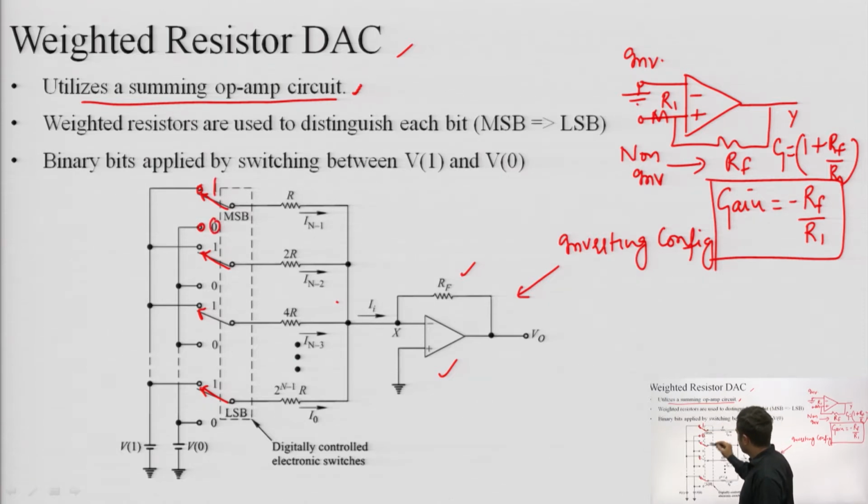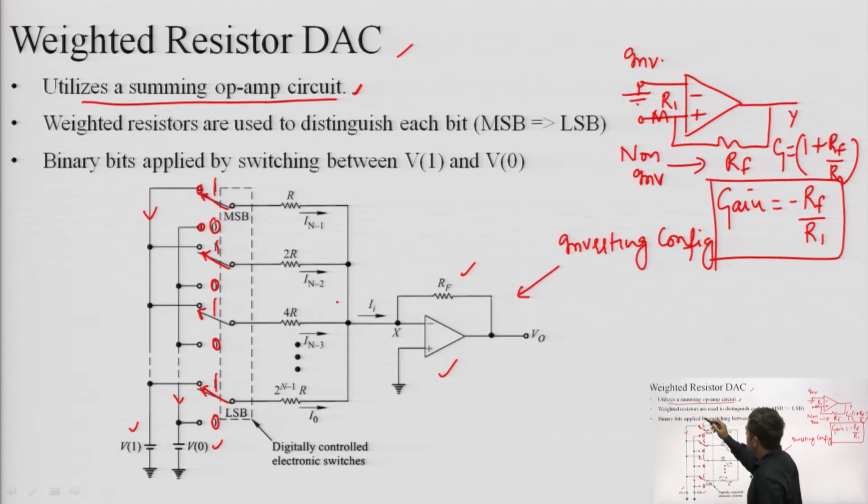Similarly for all the switches, 1 0 1 0 1 and 0. All these zeros are connected to a voltage termed V0, and all these ones are connected to a supply termed V1. Later on we will ground the voltage supply for V0 and use a reference voltage VR for the high signal, that is V1. So this is the switch part of the circuit.